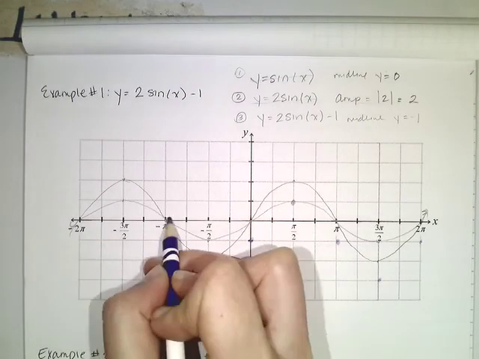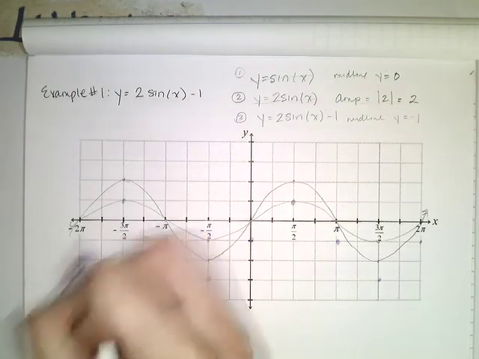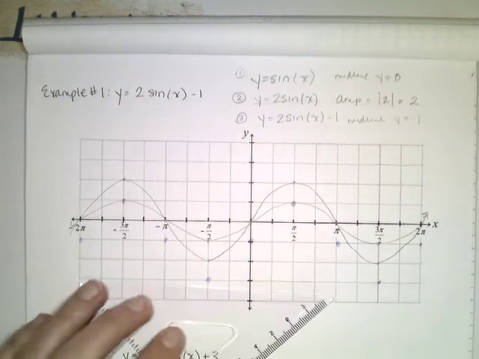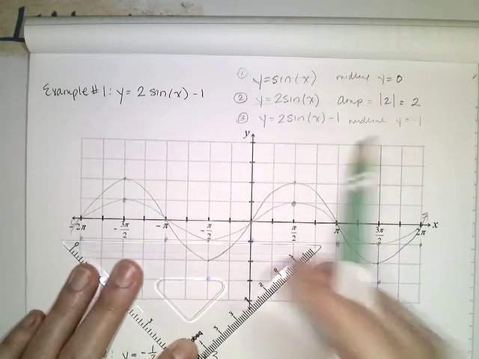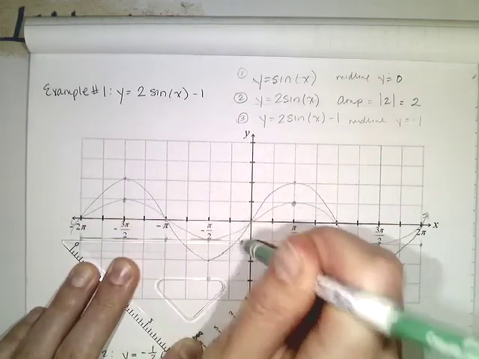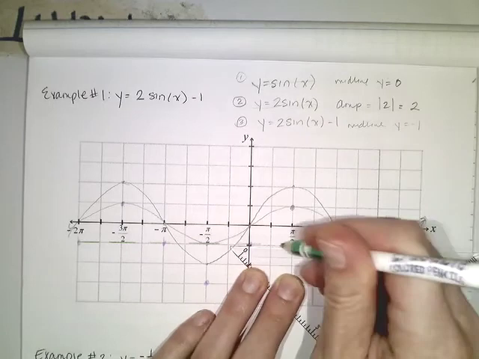Right, this function here, down 1, down 1, down 1. And I could also put a nice new midline in there to show y equals -1. If you want to do that before you graph the points, that's fine, and then apply the amplitude, that's totally fine.